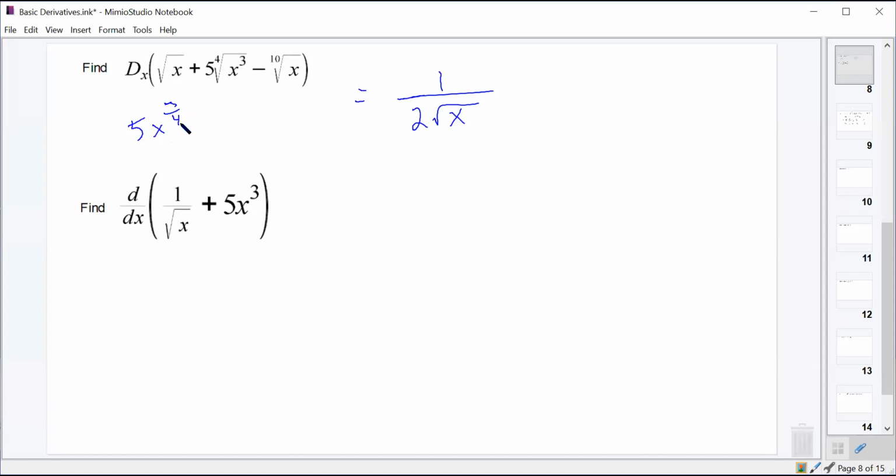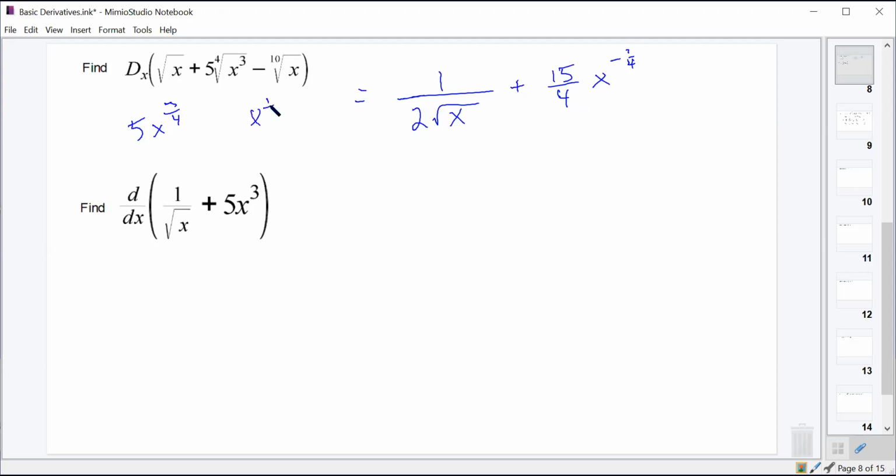So what does that become? 15 over 4 times the 4th root of x. Right, times x to the, well, x to the negative 1/4, right? Or were you saying 4 times the 4th root of x in the denominator? Yeah, sorry. Yeah, that's fine.